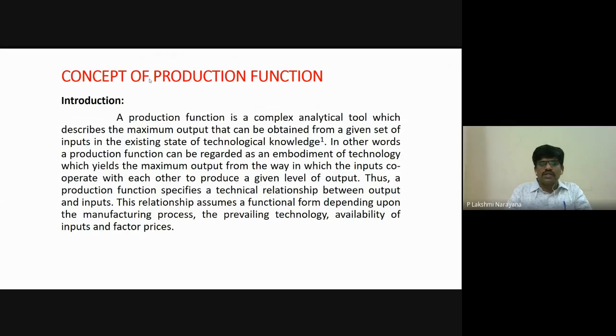In other words, a production function can be regarded as an embodiment of technology which yields the maximum output from the way in which the inputs cooperate with each other to produce a given level of output. Thus, a production function specifies a technical relationship between output and input. This relationship assumes a functional form depending upon the manufacturing process, the prevailing technology, availability of inputs, and factor price.